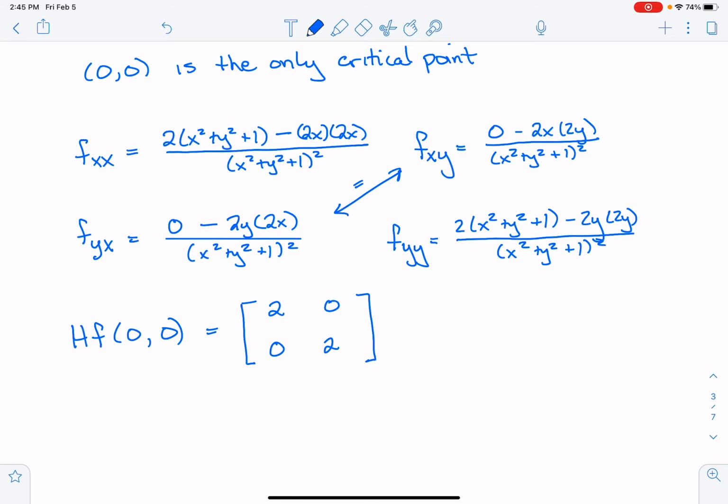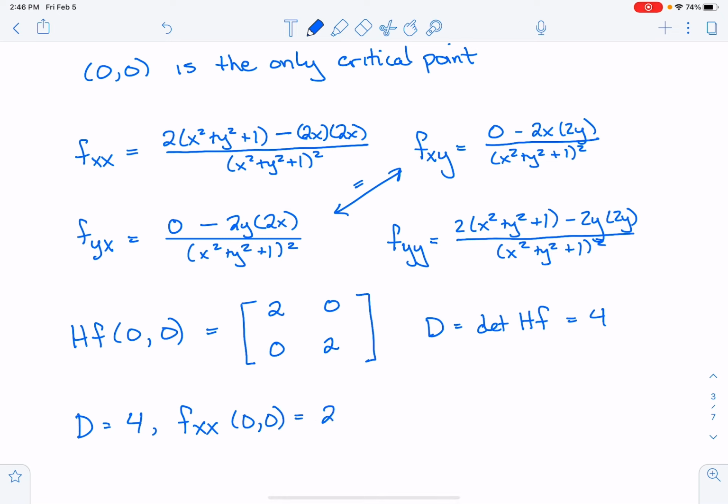That tells me that D, which is the determinant of my Hessian matrix, okay, that's going to be 2 times 2, which is 4, minus 0. Okay, so an easy determinant there. Just multiply 2 times 2. Okay, so I get that D is 4. The second derivative with respect to x, okay, at 0, 0 is in fact going to be 2.